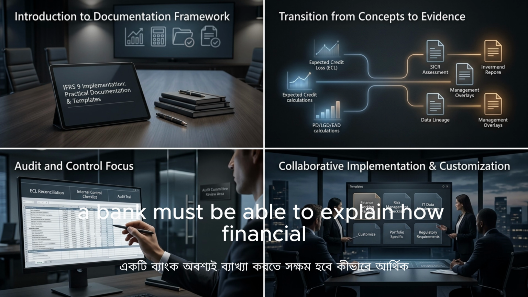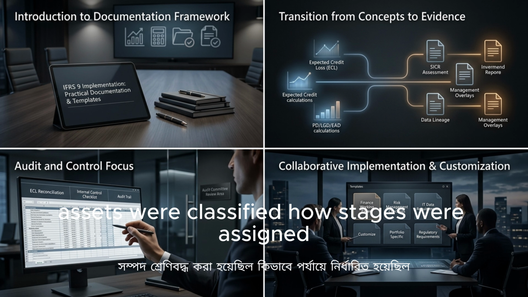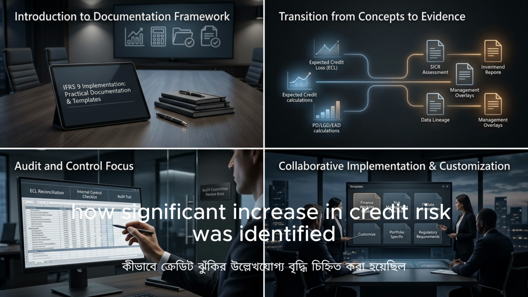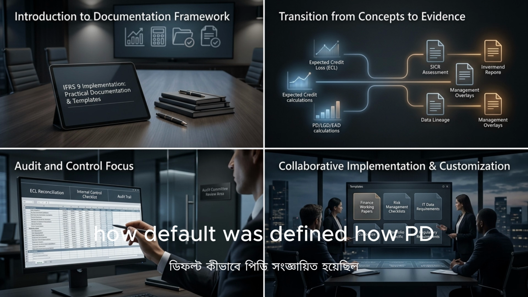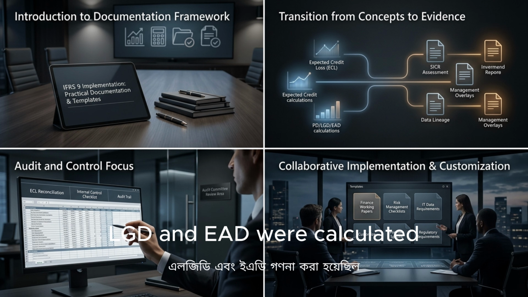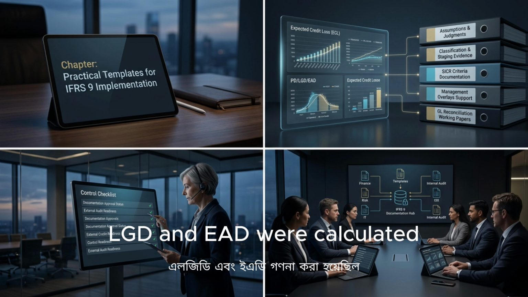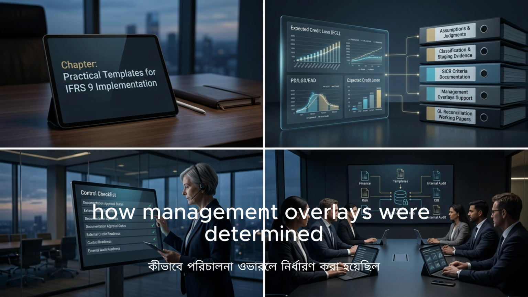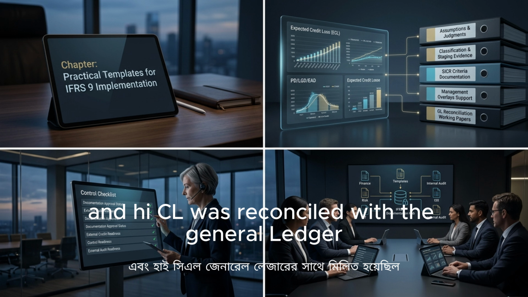A bank must be able to explain how financial assets were classified, how stages were assigned, how significant increase in credit risk was identified, how default was defined, how PD, LGD, and EAD were calculated, how forward-looking information was used, how management overlays were determined, and how ECL was reconciled with the general ledger.